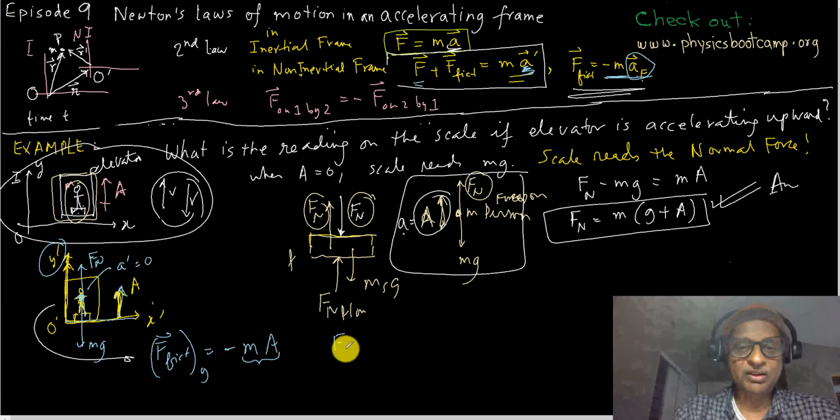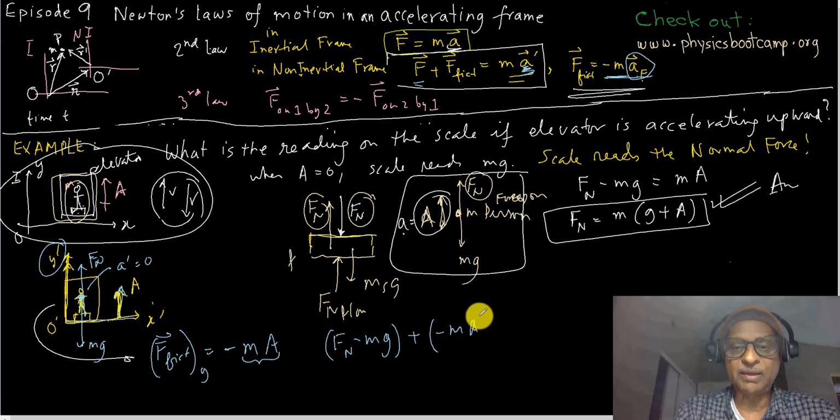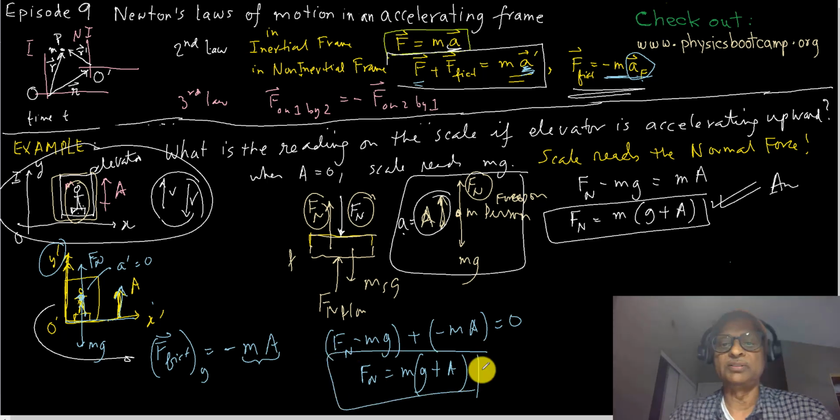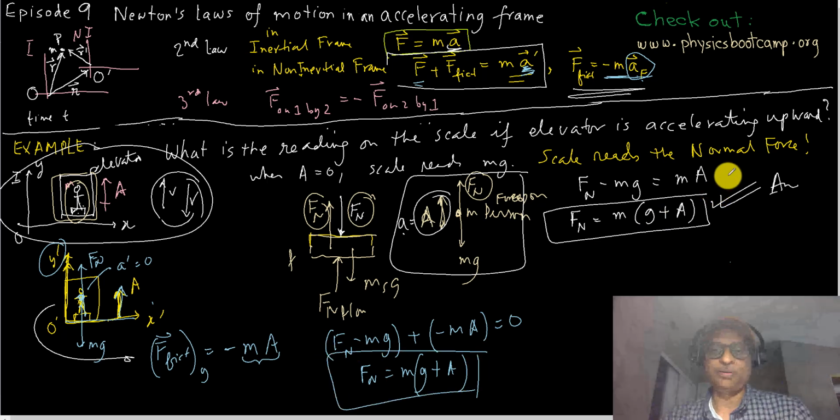So you have Fn minus mg, then you have a fictitious force which is minus ma, all equal to 0. Then solve this for Fn. Once again you get m times g plus a. Pretty cool. So you can see from these examples the effort is more or less the same, it's just a way of how you think about it.